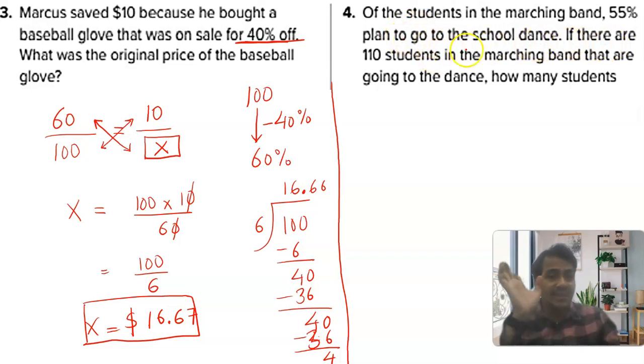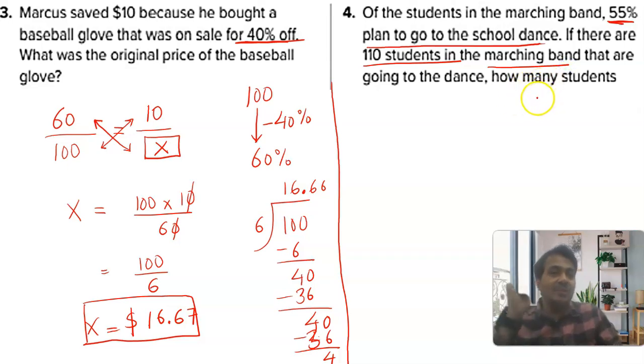Next, of the students in marching band, 55% plan to go to the school dance. If there are 110 students in the marching band that are going to the dance, how many students will go to the dance? So in the marching band, 55% of something is 110.